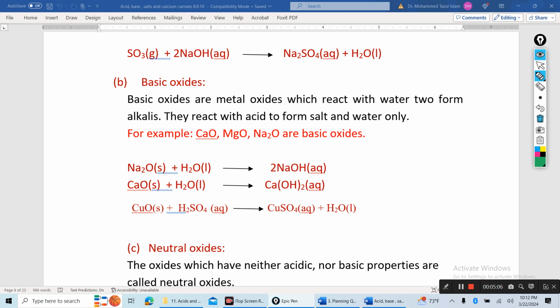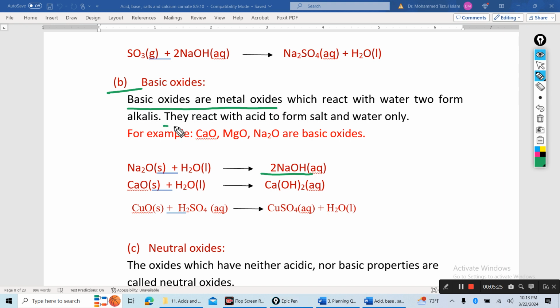So you will learn first point, basic oxides are metal oxide. Basic oxide, I mean metal oxide, reacts with water to form alkalis.